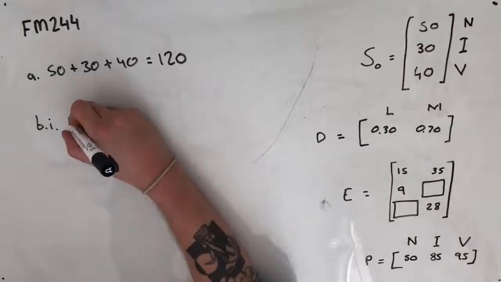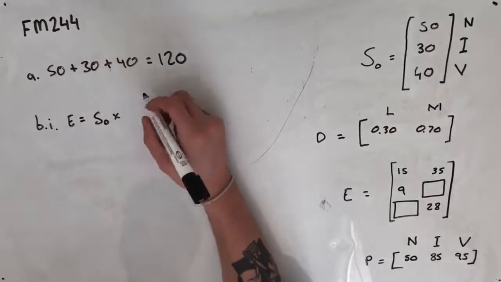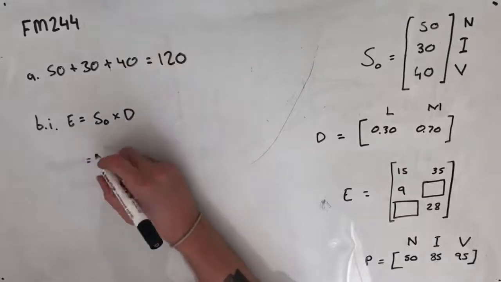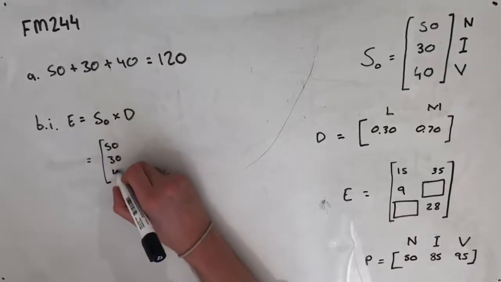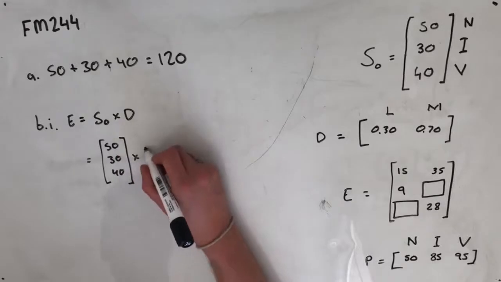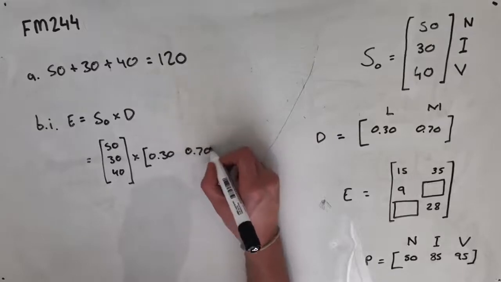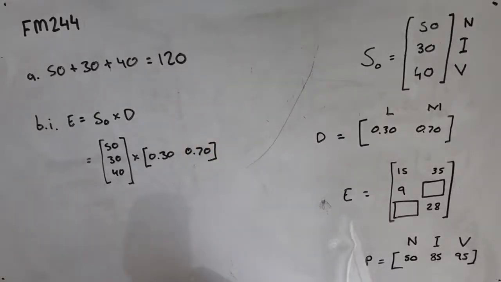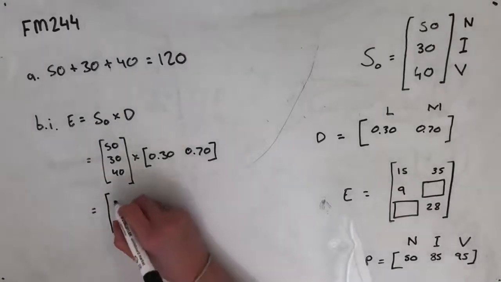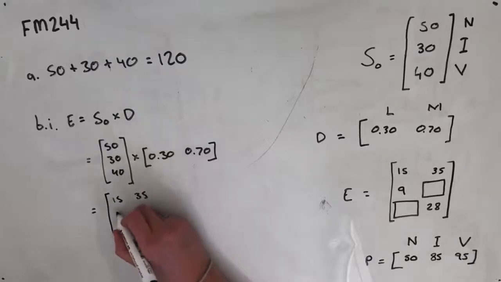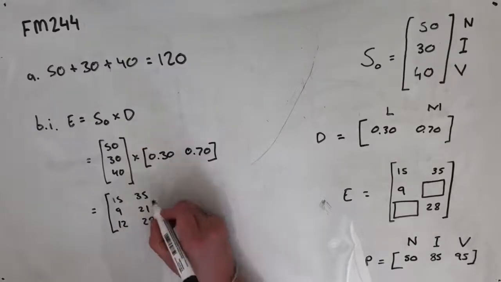So in order to complete this question, we're going to have to look at E being equivalent to S0 times D, which would be our initial state matrix of 50, 30, and 40 being multiplied by matrix D, which when calculated should give us an answer that says 15, 35, 9, 21, 12, and 28.